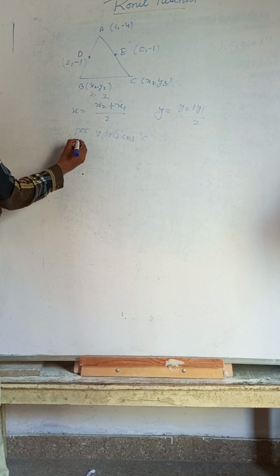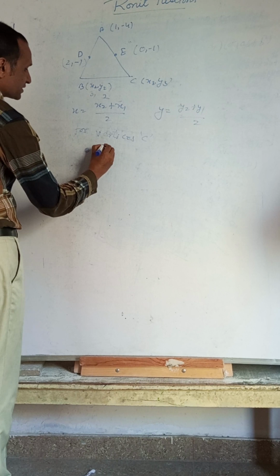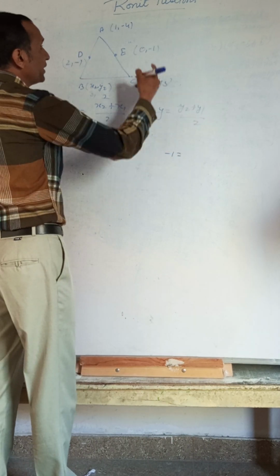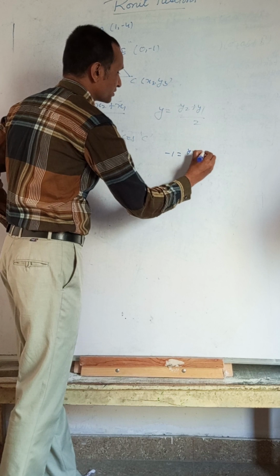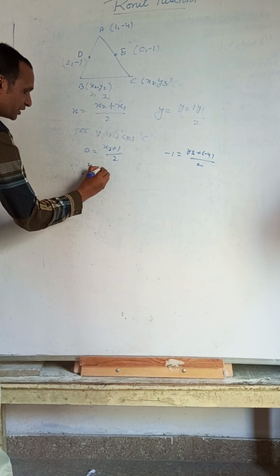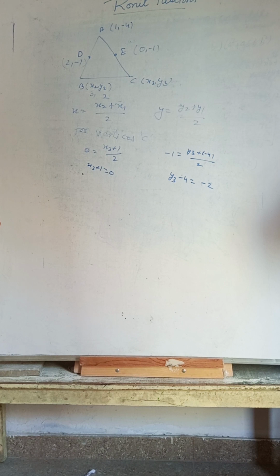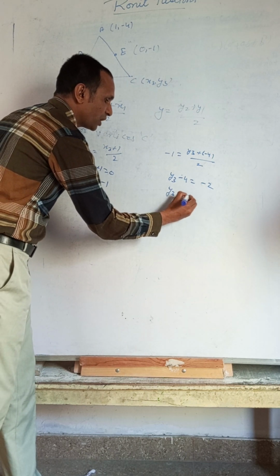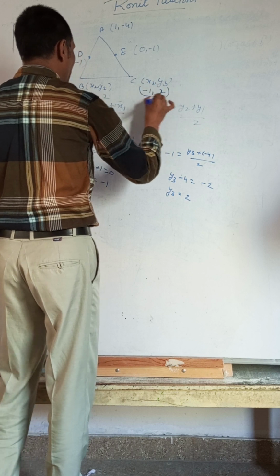The given x is 0, so 0 = (x3 + 1)/2, and for y, -1 = (y3 + (-4))/2. By cross multiplication, x3 + 1 = 0 and y3 - 4 = -2. So x3 = -1, and y3 becomes plus 2. So we got the point (-1, 2).